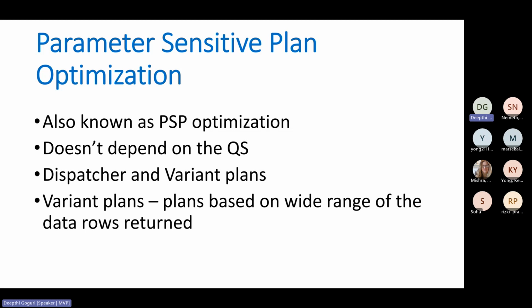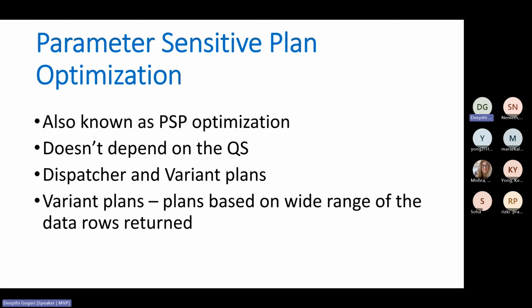But because of this IQP feature, PSP optimization, a maximum of up to 3 plans will be saved inside your plan cache, and based upon your parameter value, the SQL engine will decide which plan to choose, and you do not have to worry about the parameter sniffing problem anymore most of the time.